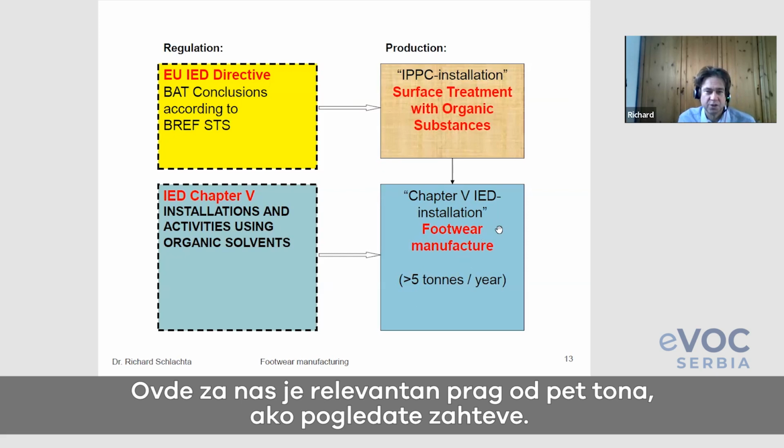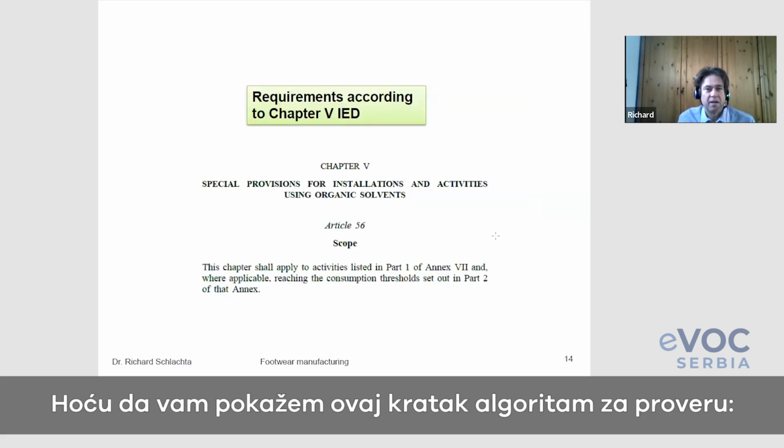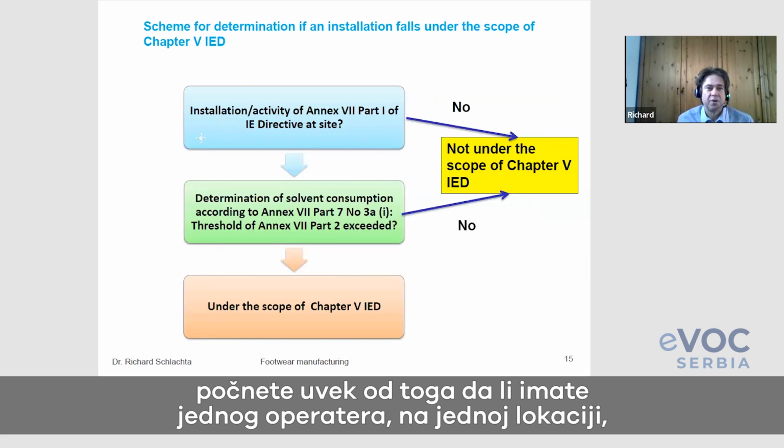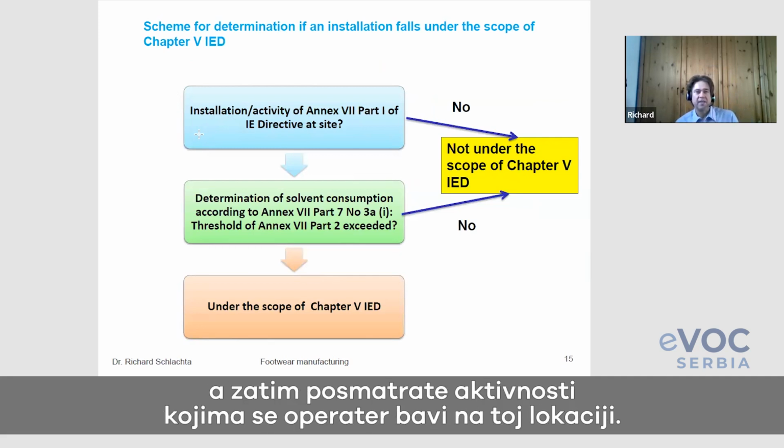If you look now to the requirements, I want to show you maybe that short question or checklist. If you start, you always have one operator, one site of one operator, and you check what VOC activities the operator is doing.